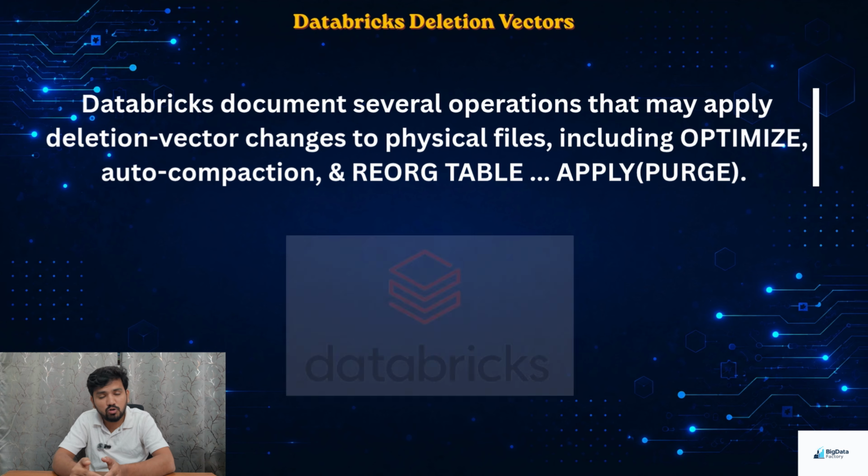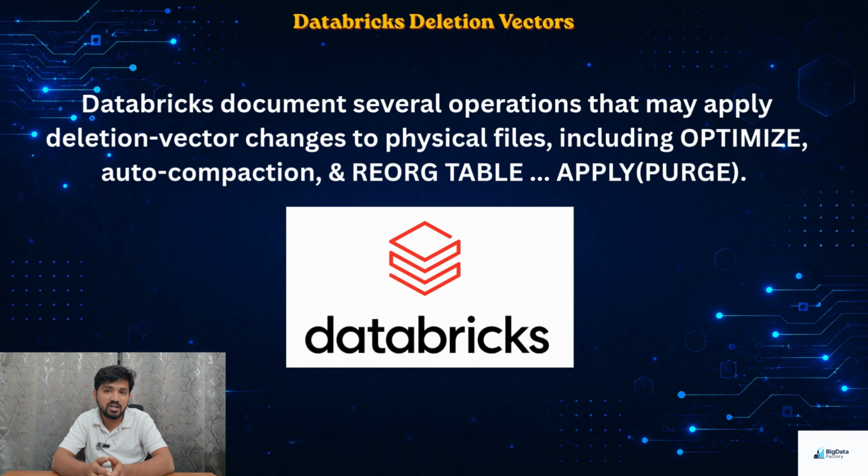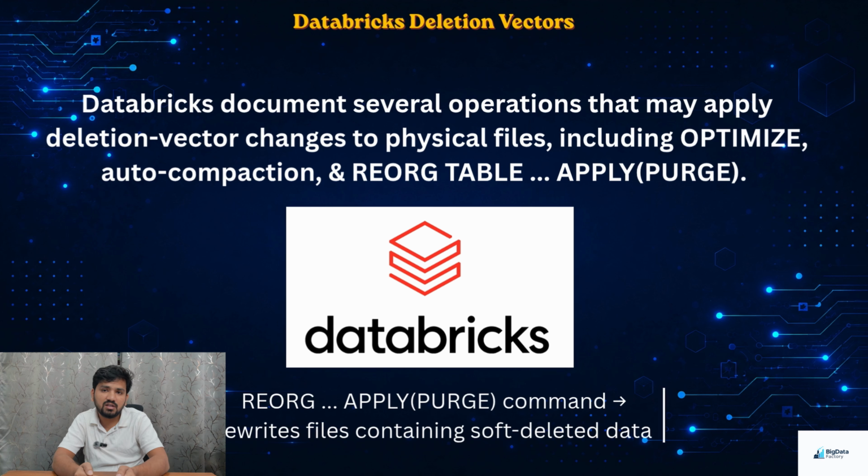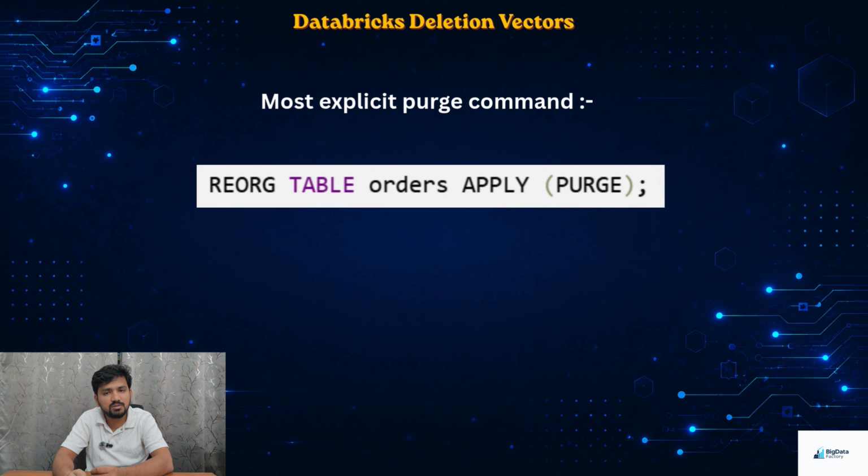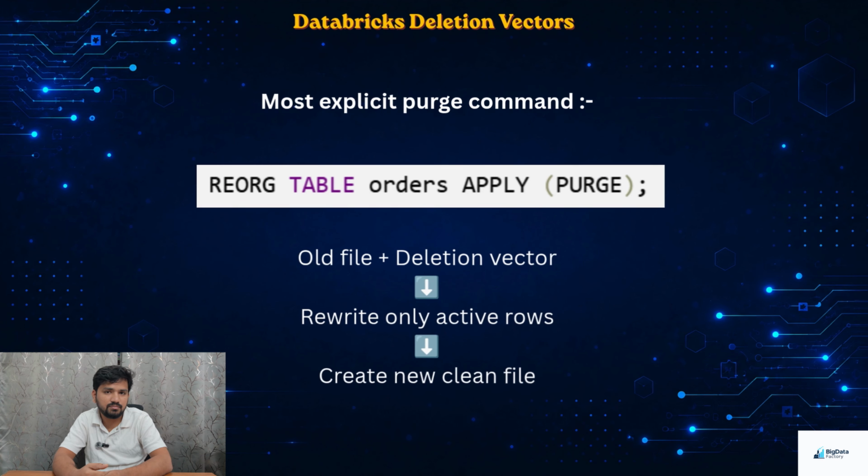To physically apply the changes, Databricks must eventually rewrite files that contain soft-deleted rows. Databricks documents several operations that may apply deletion vector changes to physical files, including OPTIMIZE, auto-compaction, and REORG TABLE APPLY PURGE. The REORG APPLY command specifically rewrites files containing soft-deleted data. The most explicit purge command is REORG TABLE table_name APPLY (PURGE).